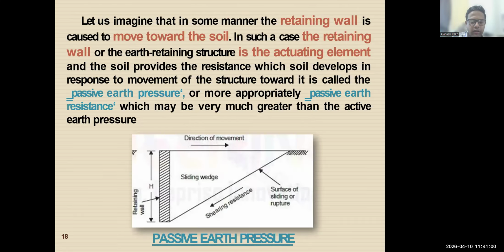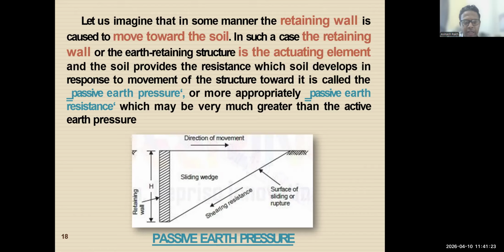Next, let us see the typical definition of passive earth pressure, the second type. Let us imagine that in some manner the retaining wall is caused to move towards the soil. In such a case, the retaining wall or earth retaining structure is the actuating element, and the soil provides the resistance. The resistance which the soil develops in response to movement of the structure towards it is called passive pressure.